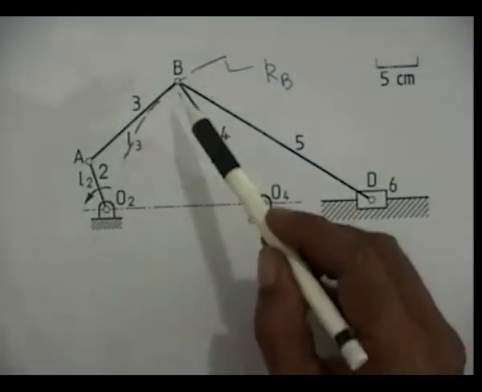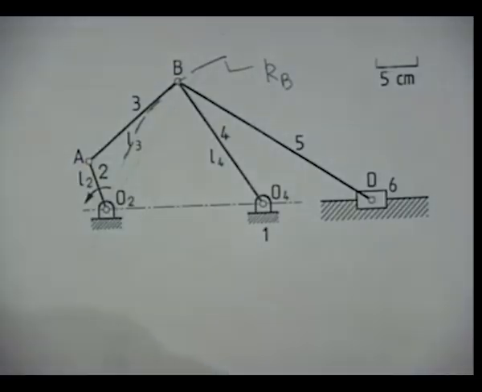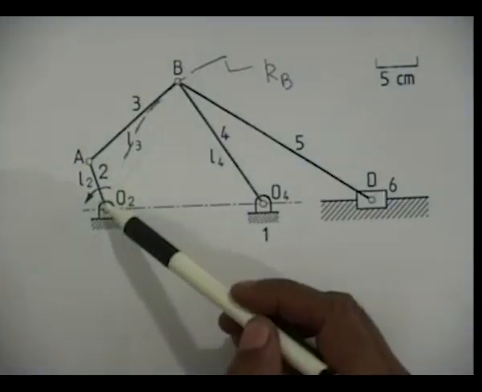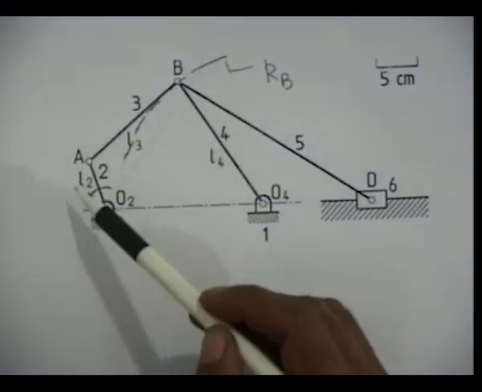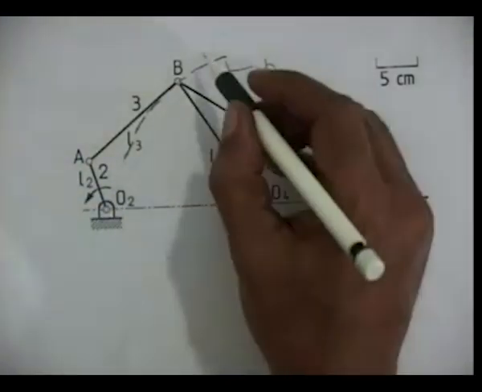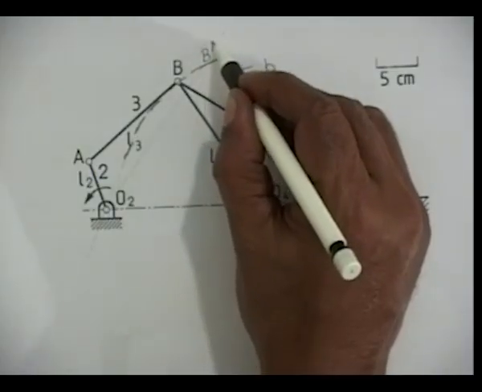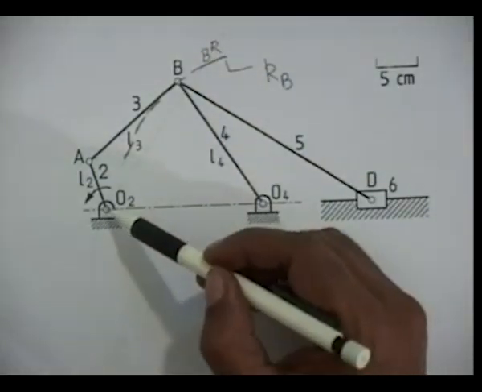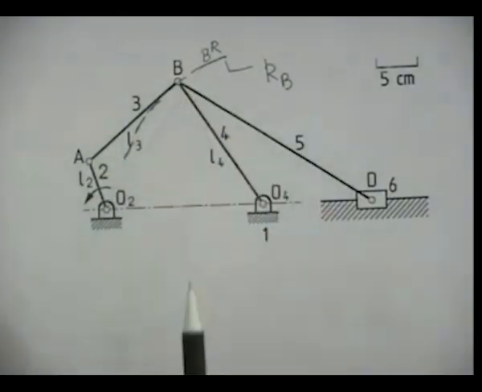Now the extreme right position of the point B will be taken up, as we have discussed earlier, when link 2, that is O2A, and link 3, that is AB, become collinear. So the extreme position of B, let me call it BR, when O2BR is equal to O2A plus AB.